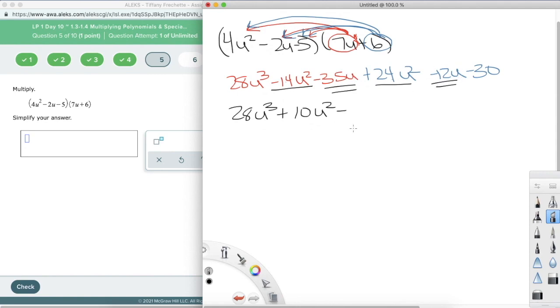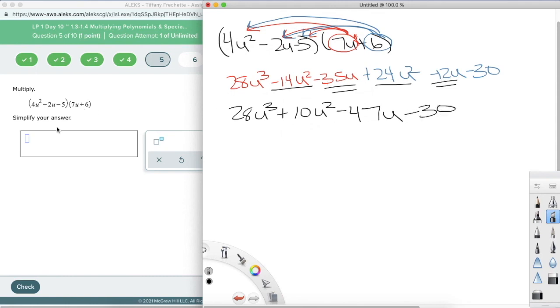So I end up with 47u, negative. I had 35 negative, I went 12 more negative. And then just the negative 30 gets kind of tacked on there.